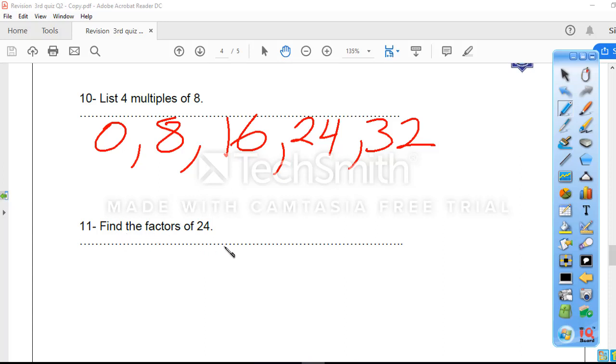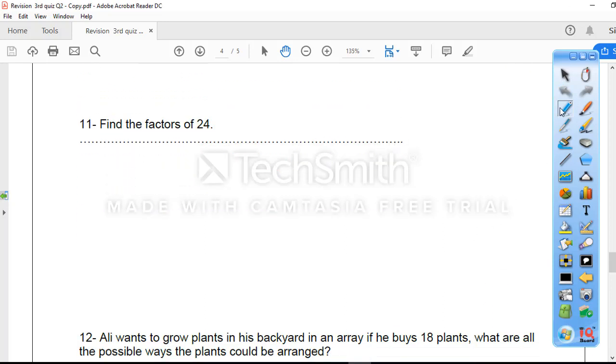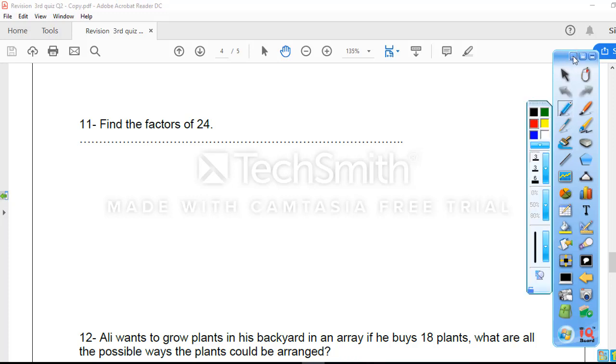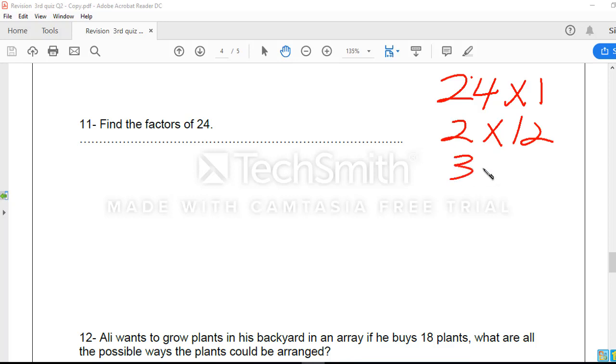Find the factors of 24. Ask yourself about 24. It can be what? As we said before, the easiest factor pair of 24 is 24 by 1. So here we have 24 by 1. It's an even number, so it can be a multiple of 2: 2 multiplied by 12. Also we can get it from 3 by 8, and also from 4 multiplied by 6.